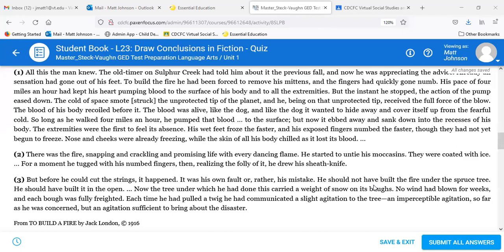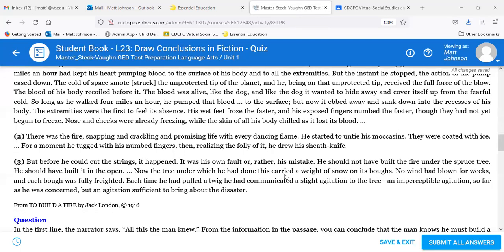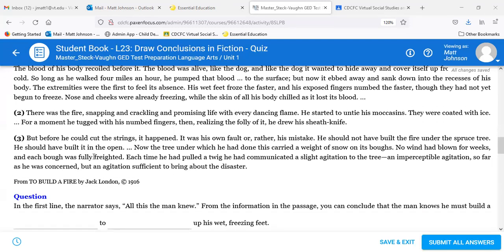So that's what we're winding up here, right? It's the mistake that he's made, building a fire under this tree under the heavy weight of snow. So what conclusions can we draw about what's going to happen here? That's something to consider as we move on into the questions.